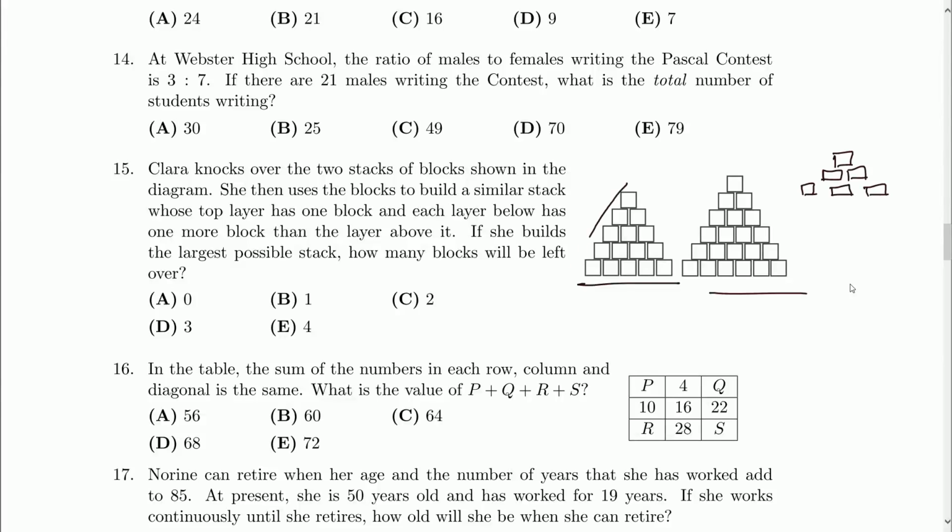Now, these blocks illustrate what we call a triangular number. These form a nice little triangle, and the number of blocks that you would need to create a triangle is what we call a triangular number. So here we've got 15. Here we've got 21. Other triangular numbers are things like 6, 3, 1. Now, we don't need to know triangular numbers in order to do this question.